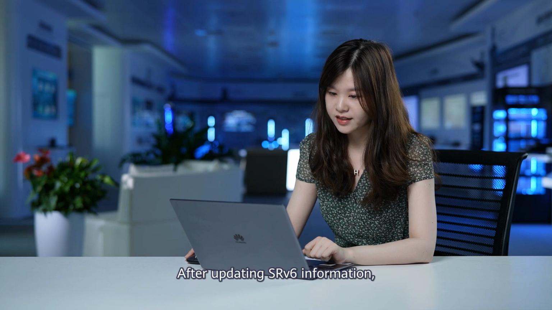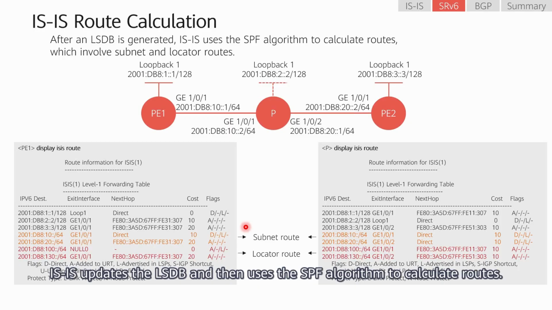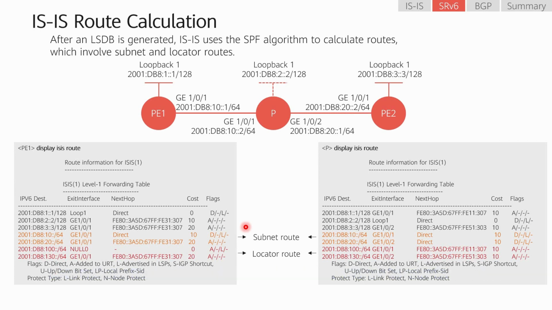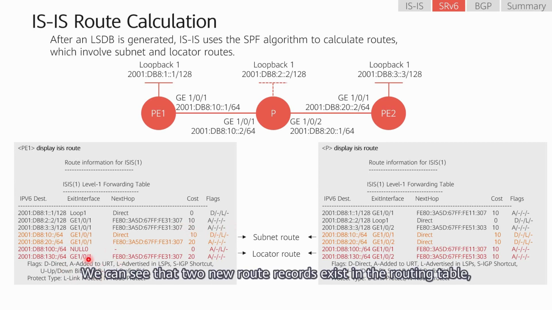After updating SRv6 information, IS-IS updates the LSDB and then uses the SPF algorithm to calculate routes. Let's take the IS-IS routing table on P1 as an example. We can see that two new route records exist in the routing table: one indicating the locator route of P1 and the other indicating that of P2.